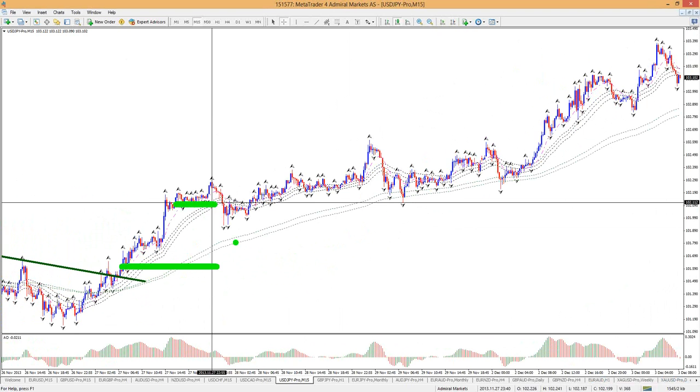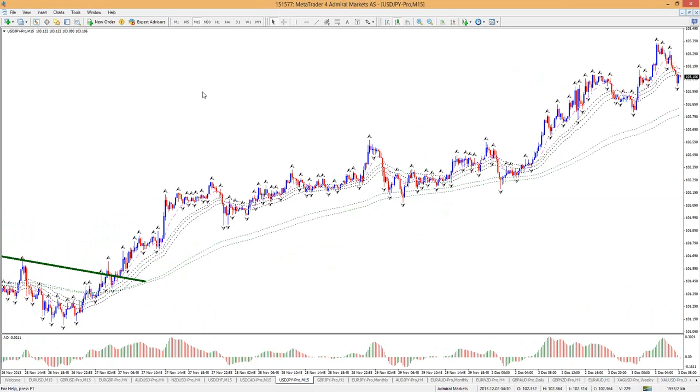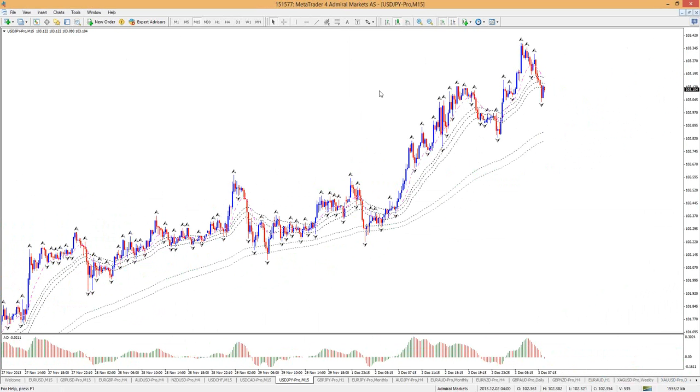I had it still at break even, so I survived this pullback and eventually got taken out here somewhere and closed it before the weekend. After the weekend, though, we did continue even higher. So in any case, that was that trade.